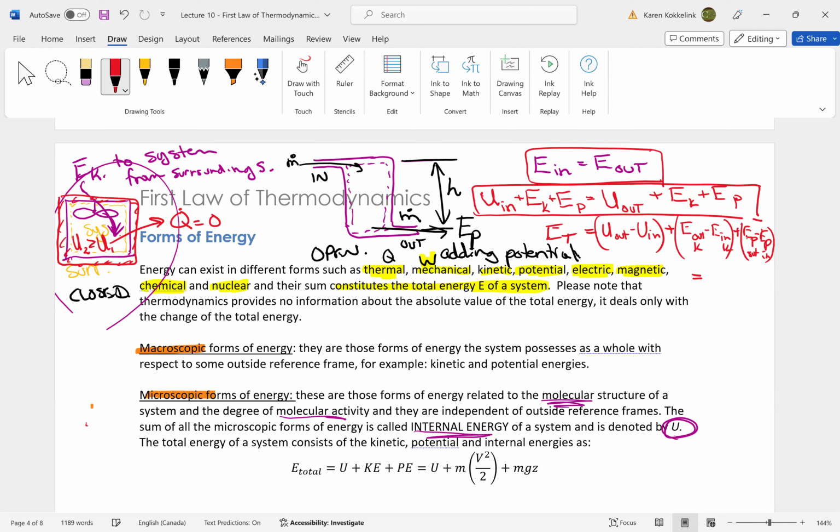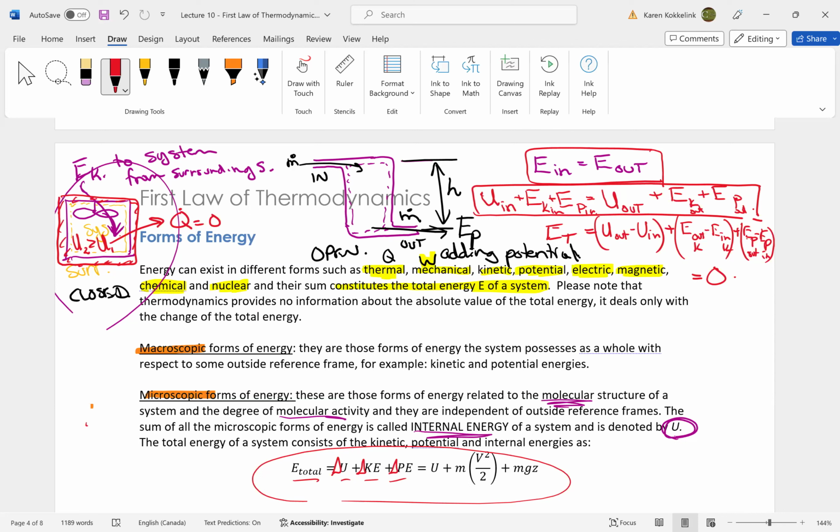And the sum of all of those changes must equal 0. So this is just written in a different way, where the total amount of energy is equal to the change in internal energy, kinetic energy, and potential energy.